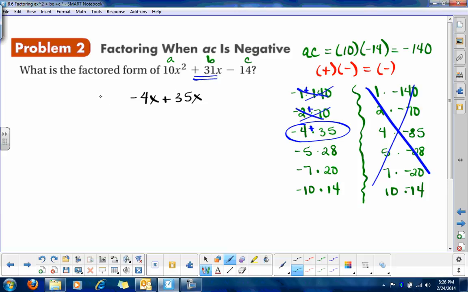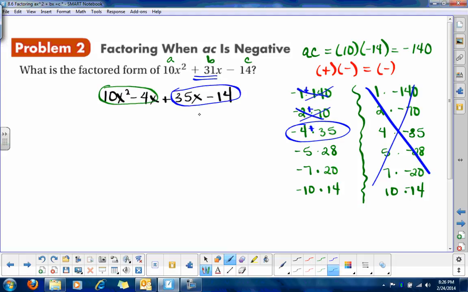So this is going to be 10x squared minus 4x plus 35x minus 14. And now we can do our grouping. So let's group the first two there, and let's group the second two there.